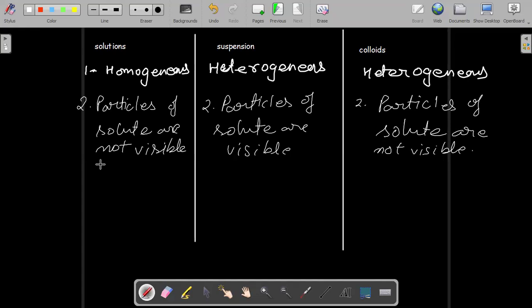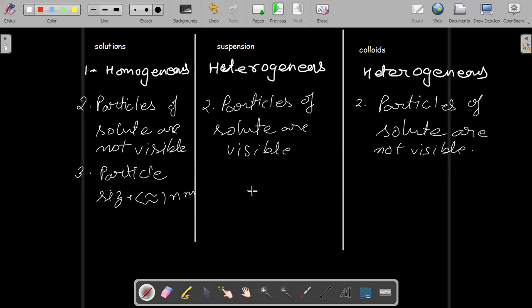The same goes for solutions. For the solution, the size of the particles is less than about 1 nanometer. What that means is, in the case of solutions, the third point we are writing here: particles are small, so particle size will be approximately 1 nanometer or even less.